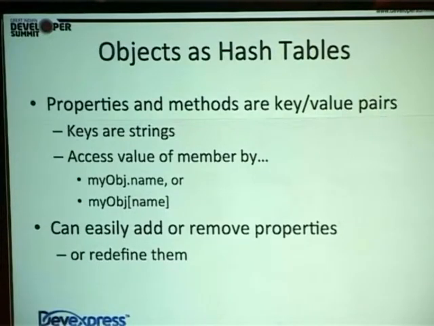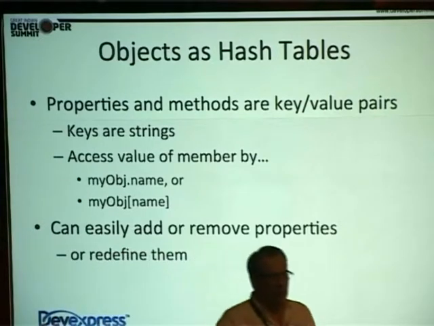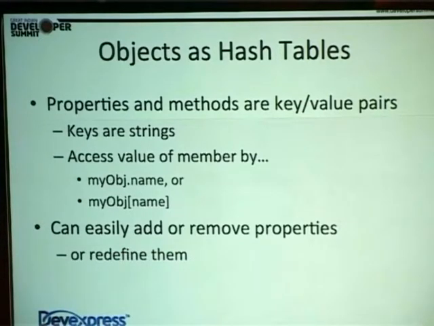Now, objects as hash tables. As I said earlier on, an object is a very fluid thing. It's essentially a dictionary or a hash table or associative array. And the properties and members of the object are key-value pairs. The keys are strings, as I said.